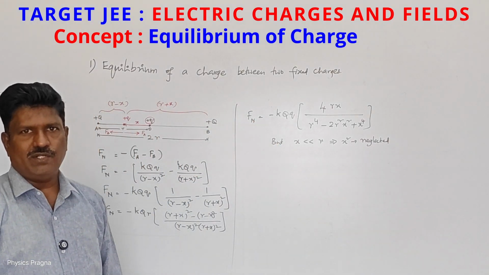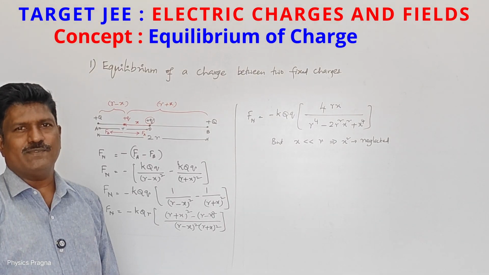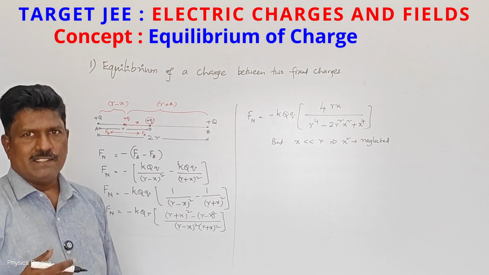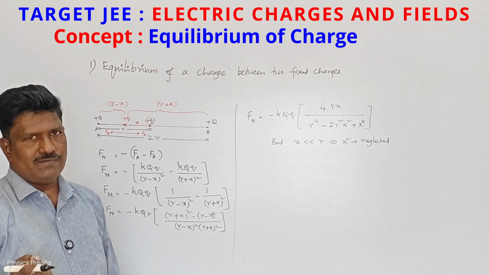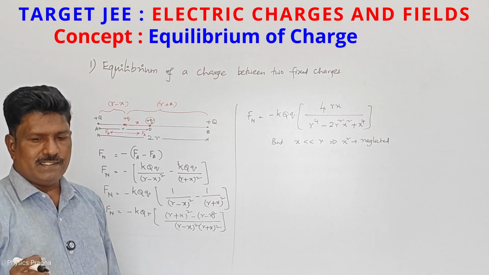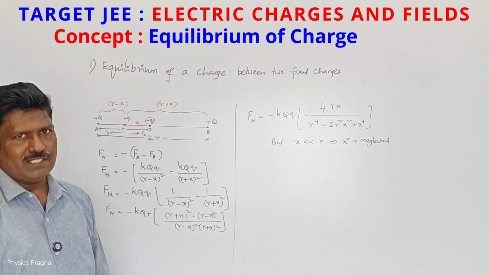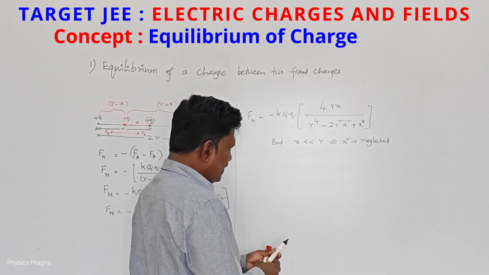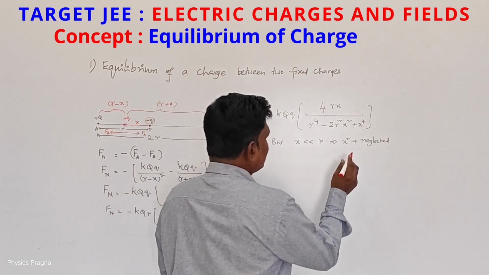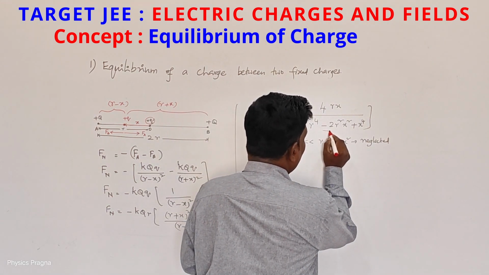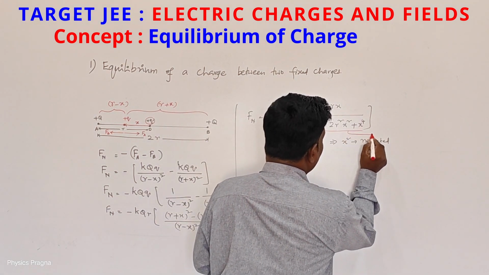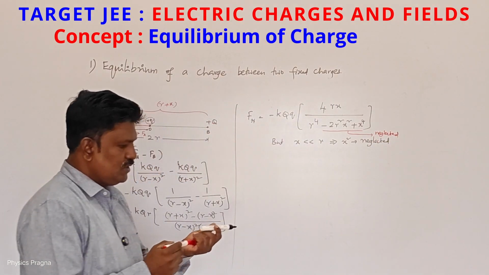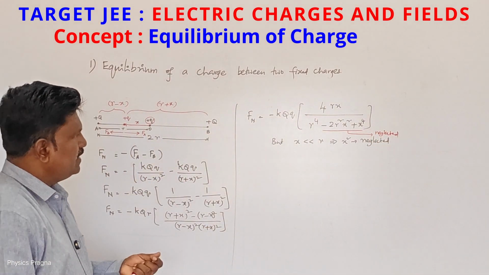Whenever a value is very small, its square becomes very, very small. Because of this, here x square is there, here x square is there, so these two terms can be neglected.